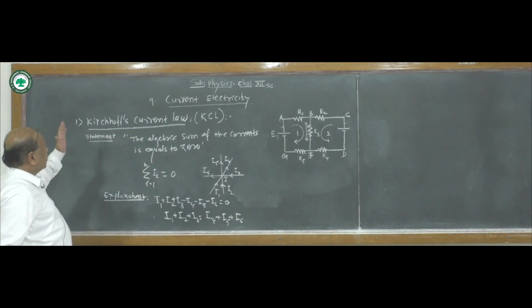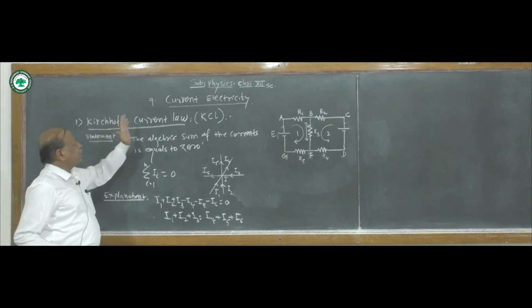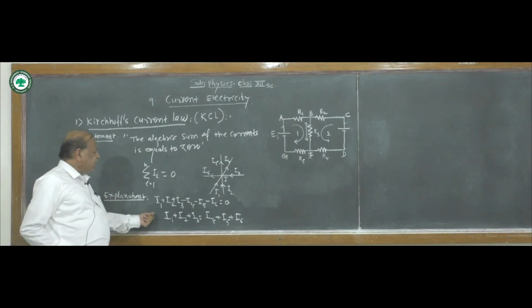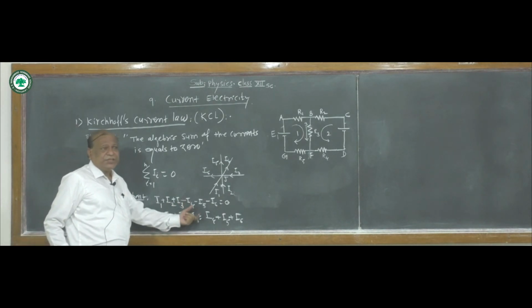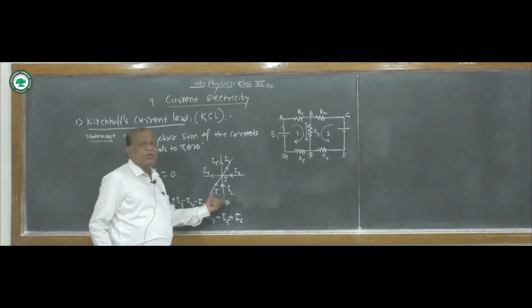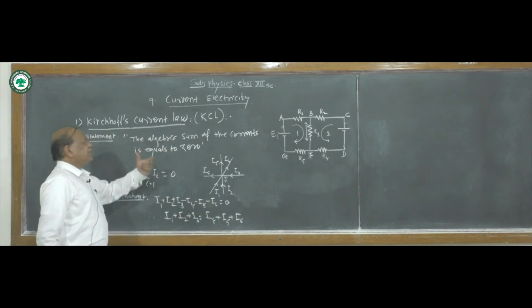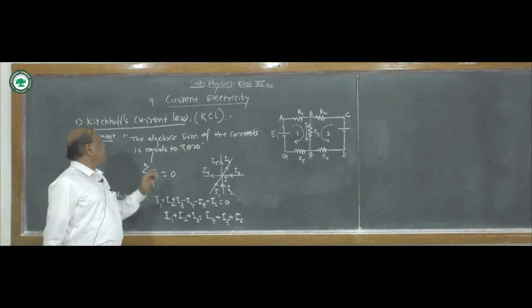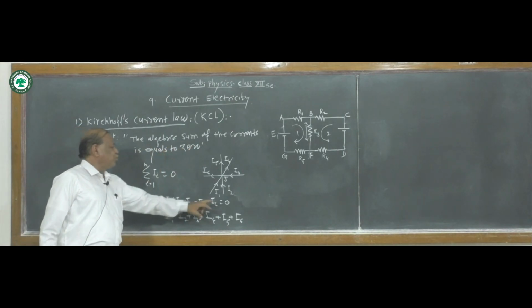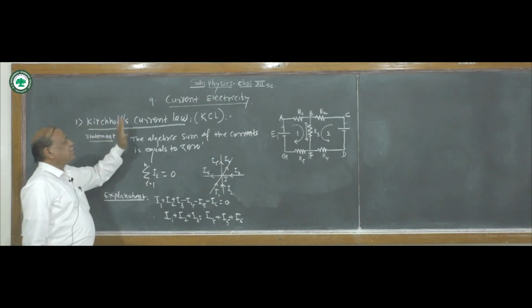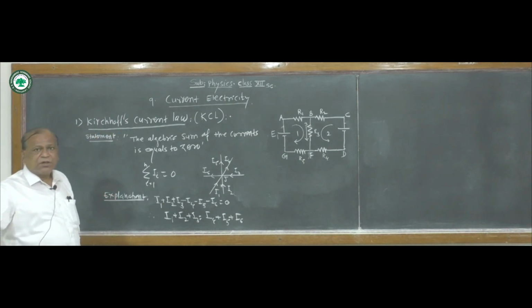Now we make another statement for Kirchhoff's current law: the current entering the junction is equal to the current leaving the junction, or the algebraic sum of the currents is equal to 0. Now this is about Kirchhoff's current law.